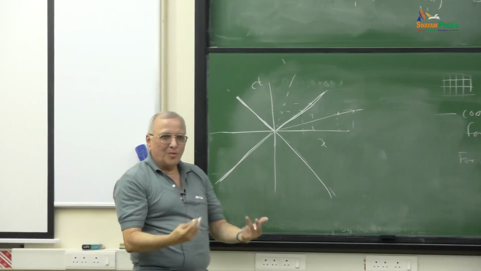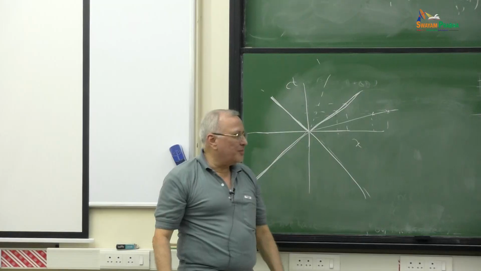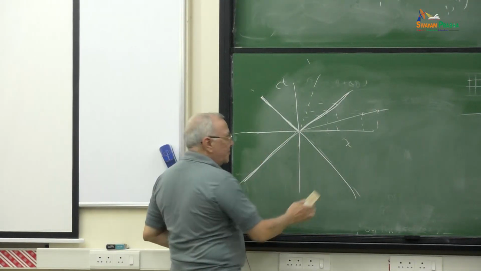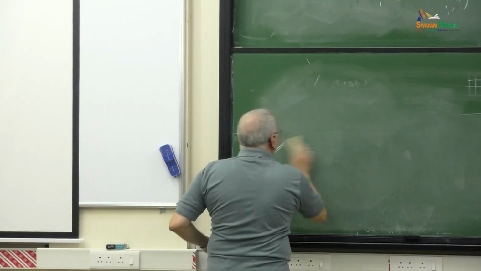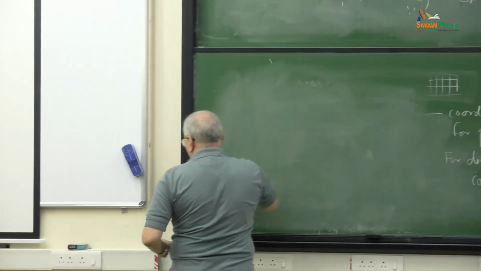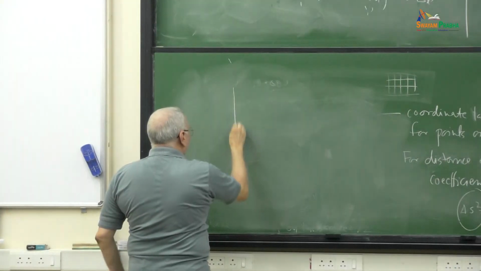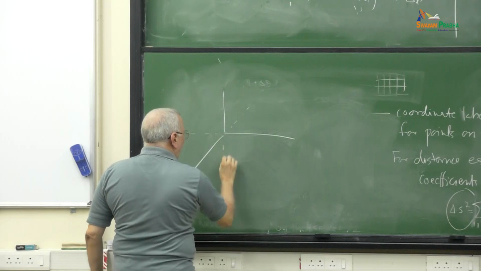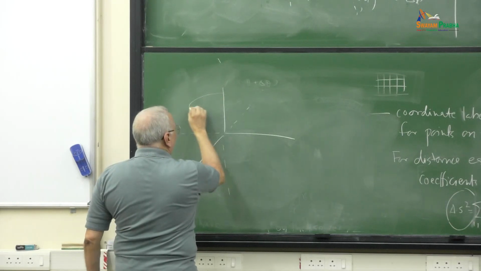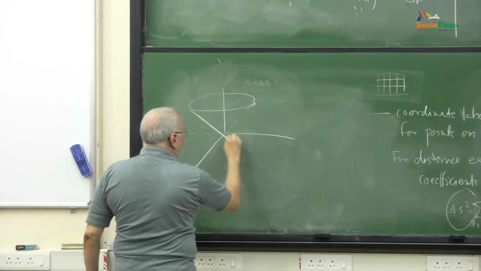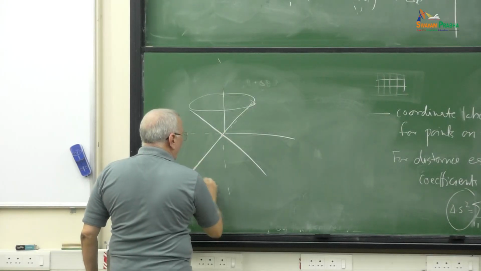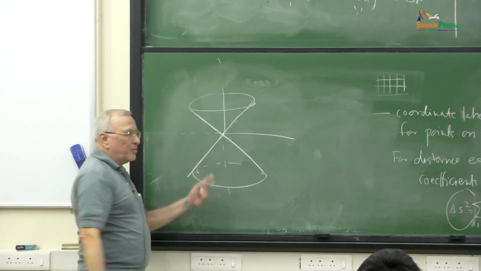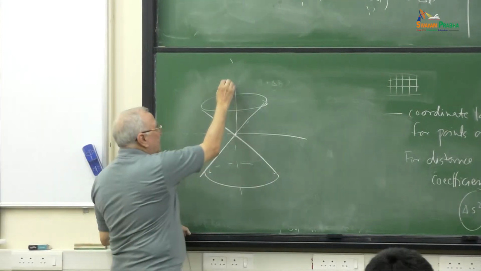If I were to go to two space dimensions, one time dimension, then let me draw the figure. So I have drawn a light cone from the origin. So this is my t axis.